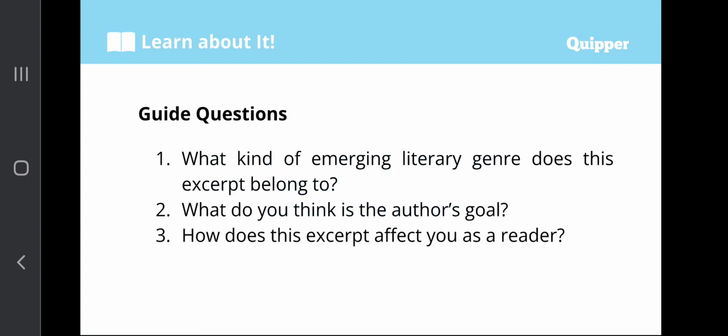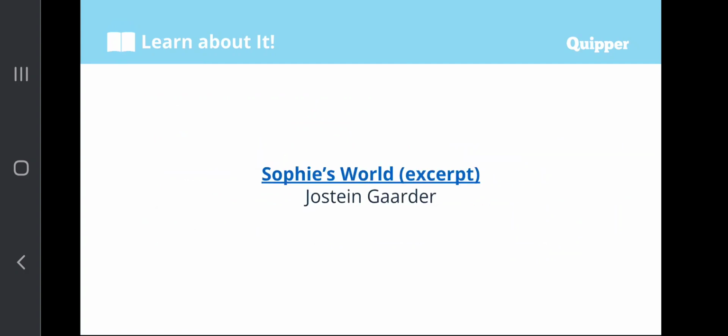Of course, we're going to talk about the emerging literary genre that this excerpt belongs to. What do you think is the author's goal? And do you think that the excerpt affects you as a reader? So I want you to discuss all of that after reading that excerpt from Sophie's World.